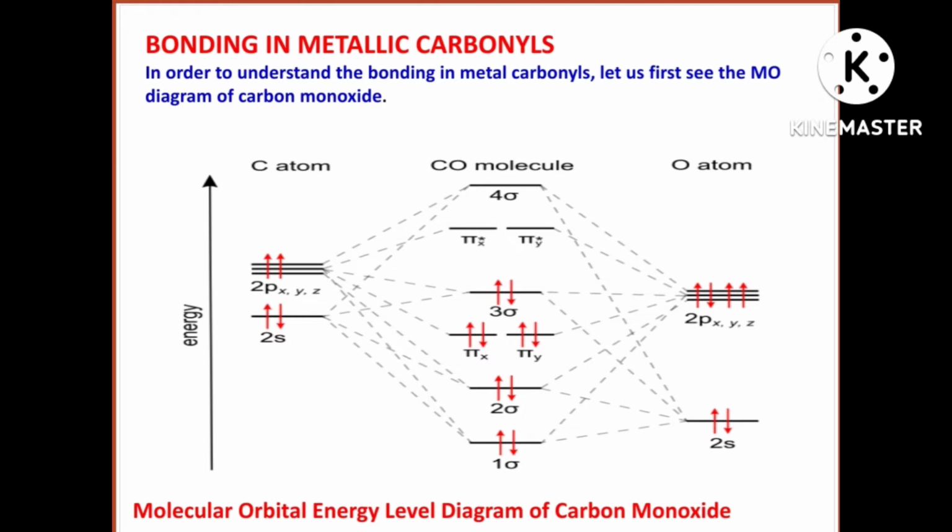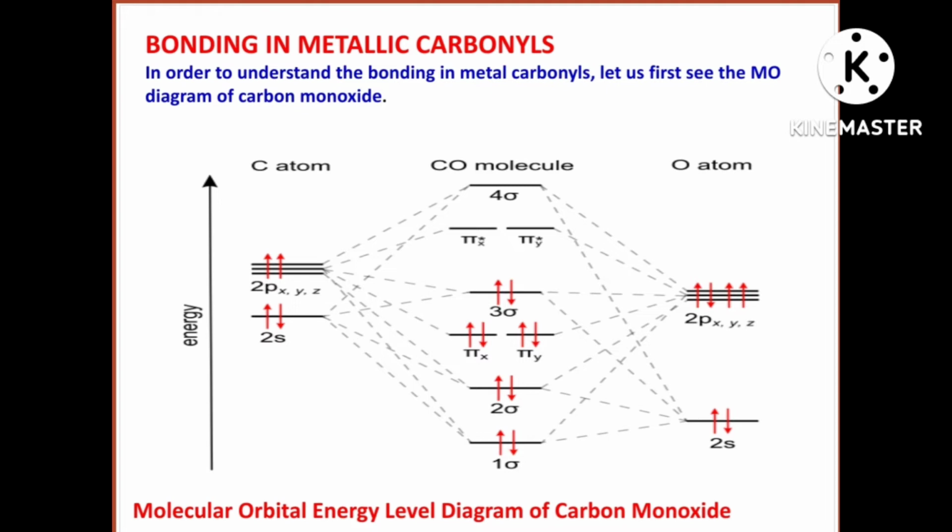And in this picture we can clearly see the energy order of the different molecular orbitals. Here we can understand that the 3 sigma, that means the anti-bonding molecular sigma orbital, is the highest occupied molecular orbital, so that's why it is known as the HOMO orbital.